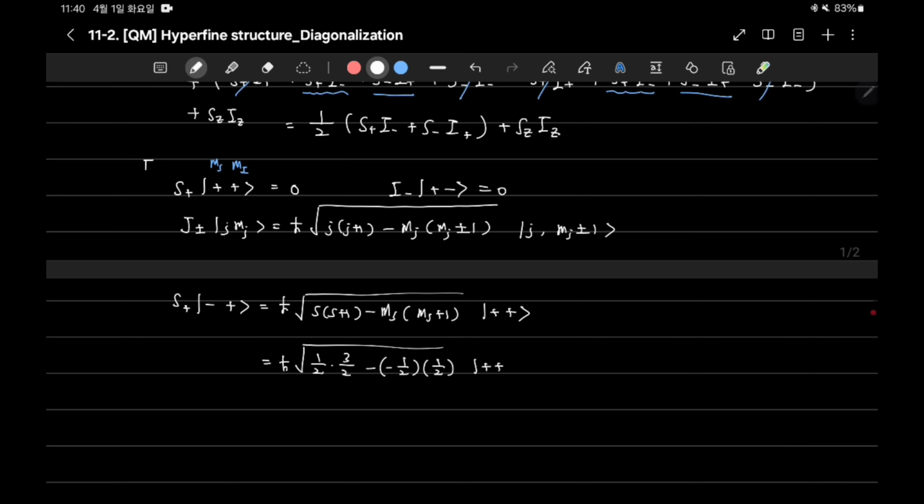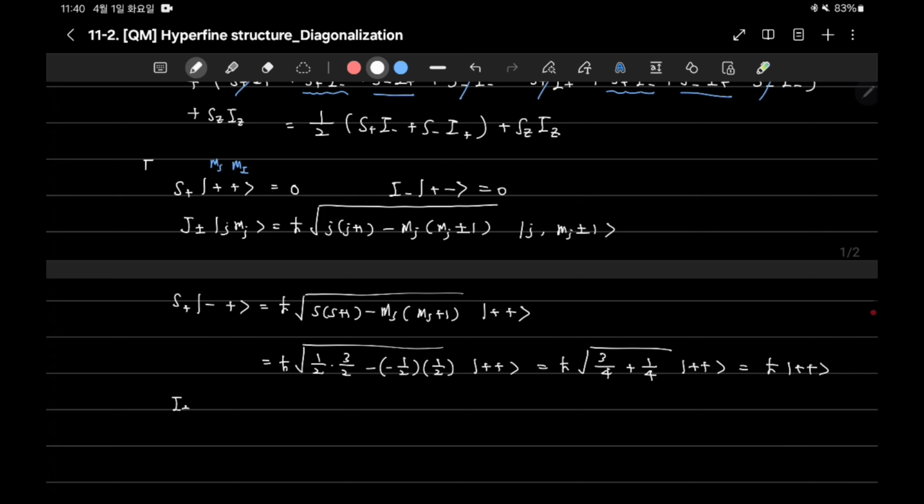So it makes h bar square root of 3/4 plus 1/4, so it is h bar times plus, spin up.